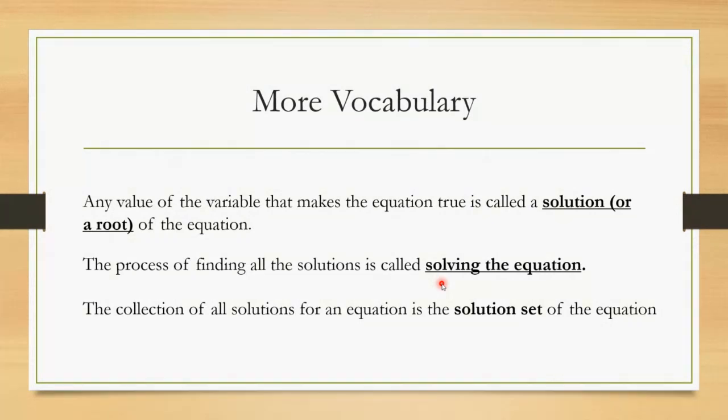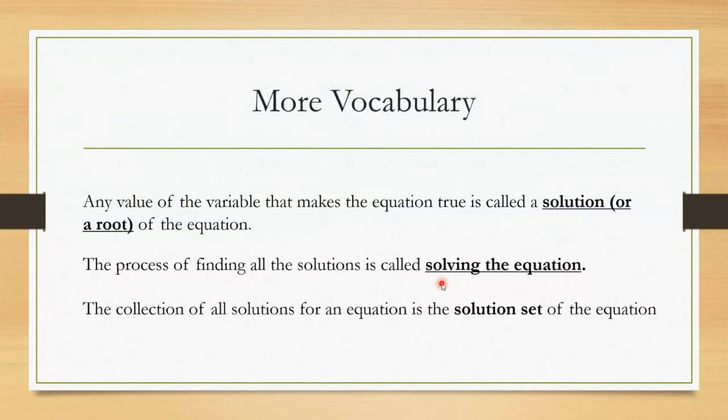So we know what an equation is. We know what a solution to an equation is, what it means to be a solution, and what it means to solve one. But how do we actually solve an equation? For the equation we did on a previous slide, we basically just guessed.